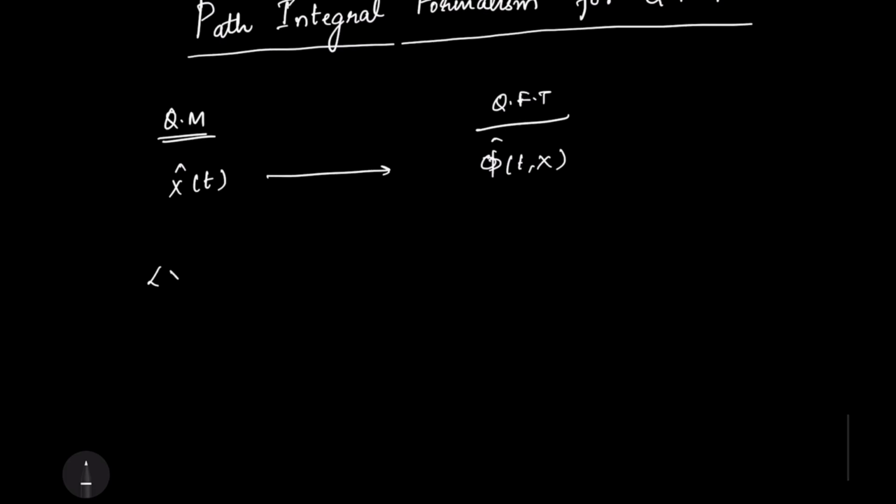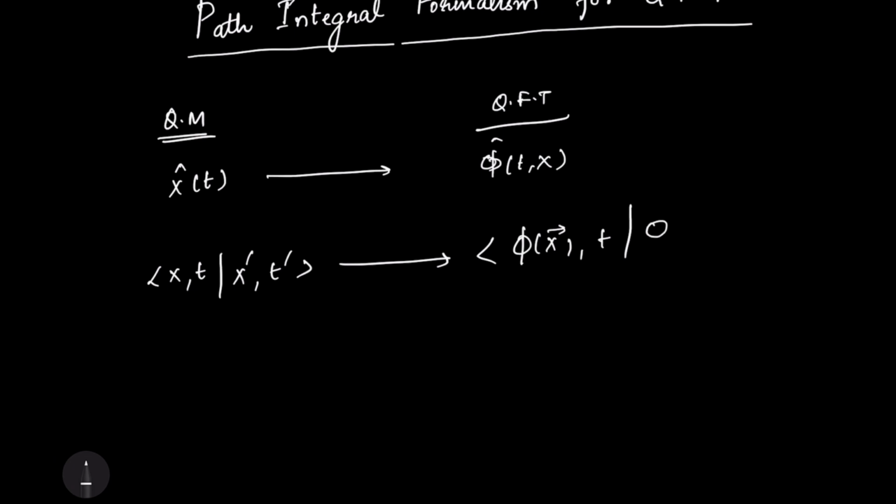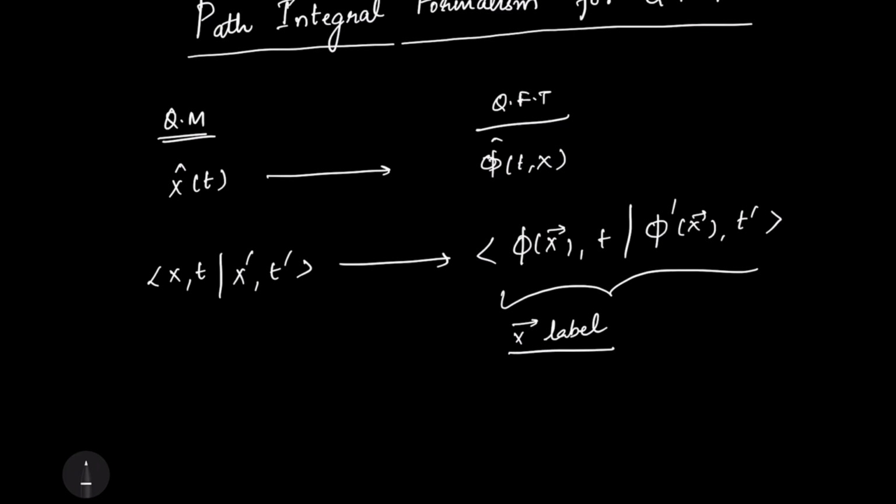Similarly, the overlap or the correlation of x t and x prime t prime becomes phi of x and phi prime of x t prime. Okay, so you have to view this x as a label, and we have an infinite number of positions.